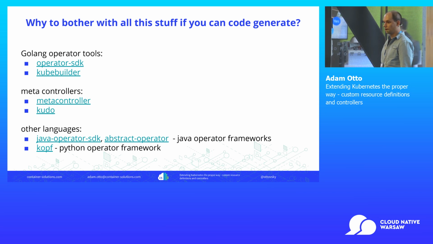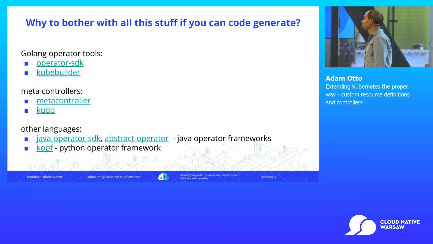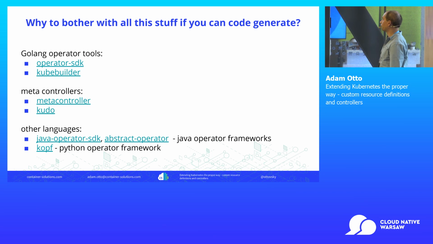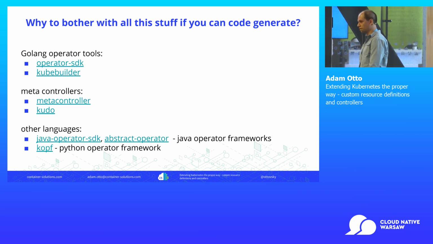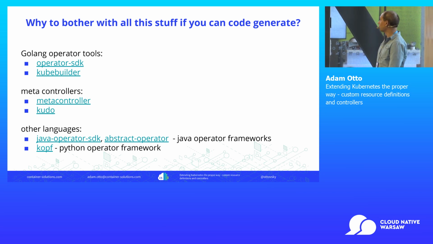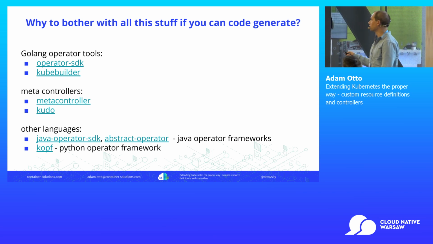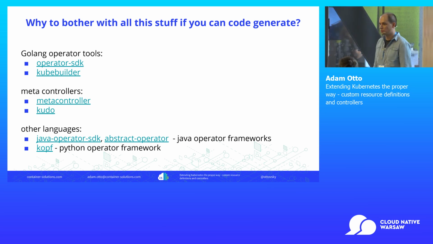Luckily for us, there is no longer a need to do this, because there are a bunch of operator frameworks that we may use to generate the whole code for us. From Golang, we have operator-sdk and kubebuilder. From the metacontroller type, we have metacontroller and KUDO. There are also operators for other languages, like the Java operator-sdk, abstract operator for Java, or KOPF from Zalando, which is a Python operator framework.